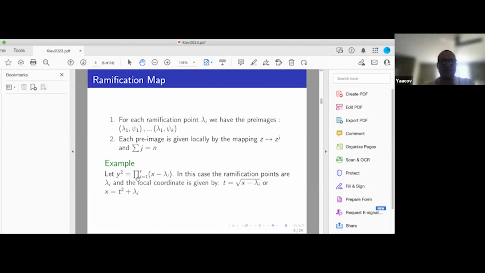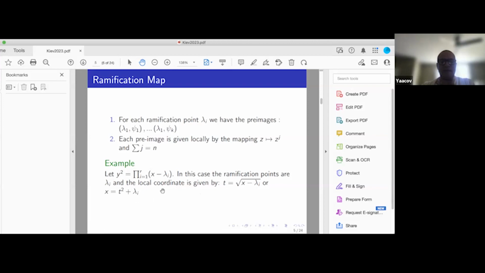However, if x equals lambda_i, I have only one square root, which is 0. So in this case, the ramification points are the lambda_i, and I have a local coordinate which is given by t equals the square root of x minus lambda_i, or x equals t squared plus lambda_i.